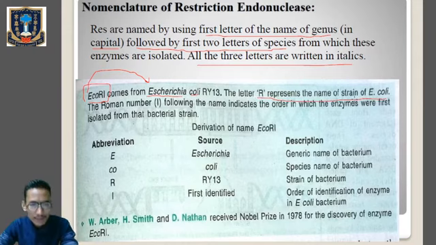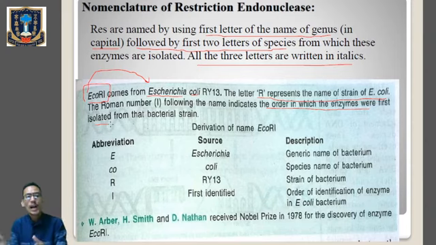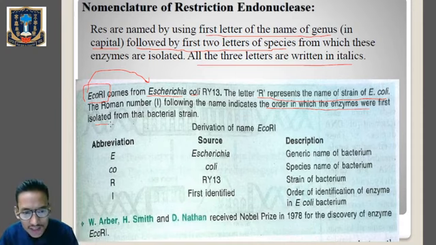Strain means subtype. And the Roman number 1 indicates the order in which the enzymes were first isolated. So EcoR1: E is coming from the genus, CO from the species, R from the strain or subtype of E. coli, and 1 from the order in which the enzyme was isolated from the bacterial strain.